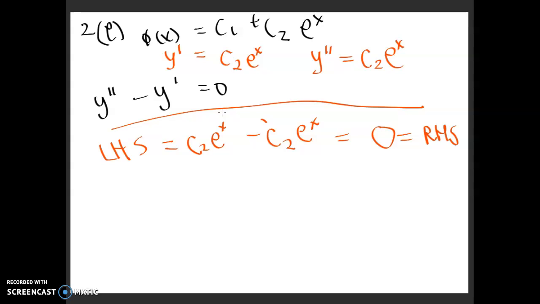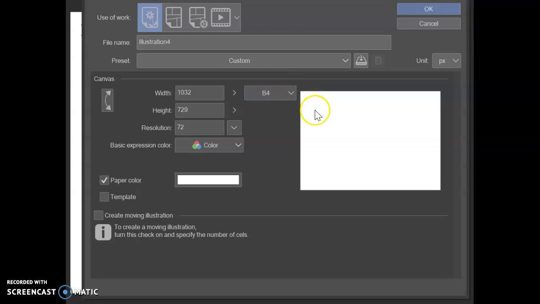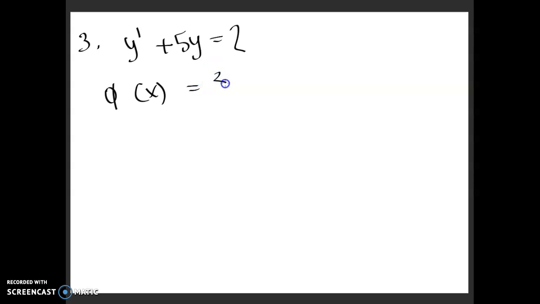All right, so I think pretty much the rest you guys can attempt, and I don't think you should have any trouble doing this. And let me go over number 3. Okay, so for number 3, consider the equation y prime plus 5y equals 2. First, you have to show that the function of x is 2 over 5 plus c e to the negative 5x.